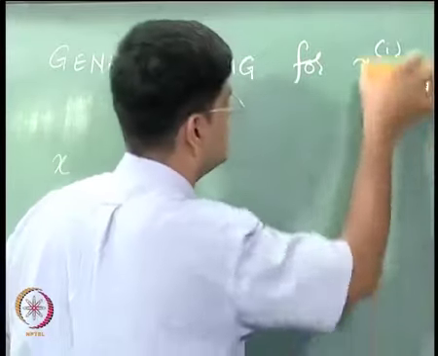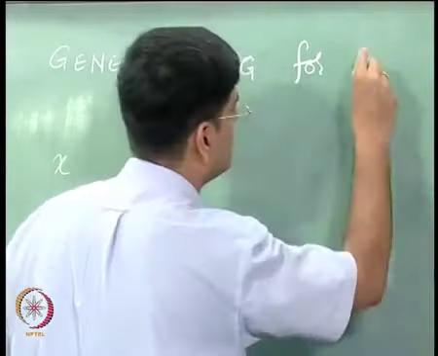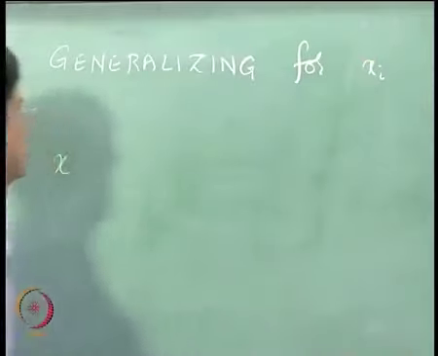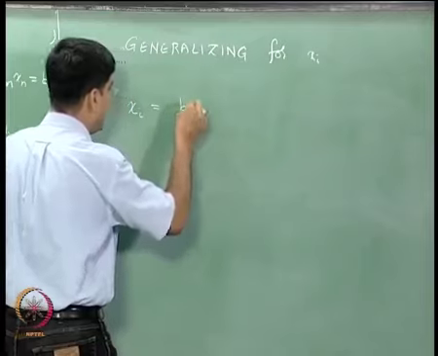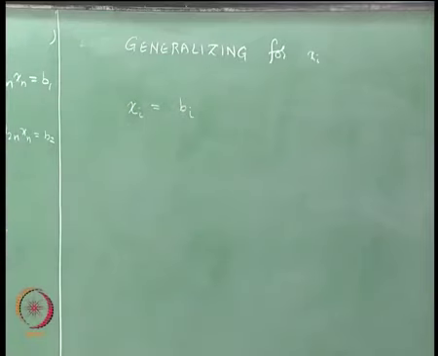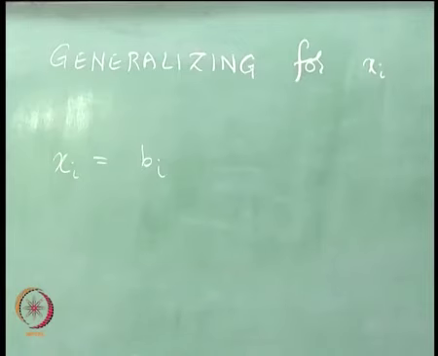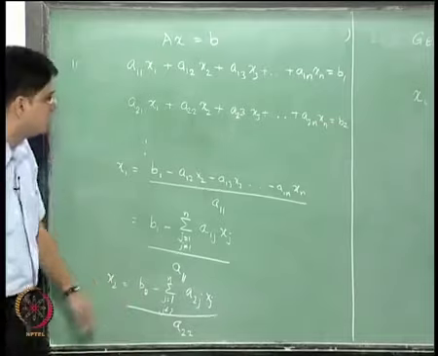I am sorry, generalizing for xi, xi is going to be written as bi. Keep in mind we are following the same pattern. When we go from x1 to x2 to x3, we change from b1 to b2 to b3 and so on.